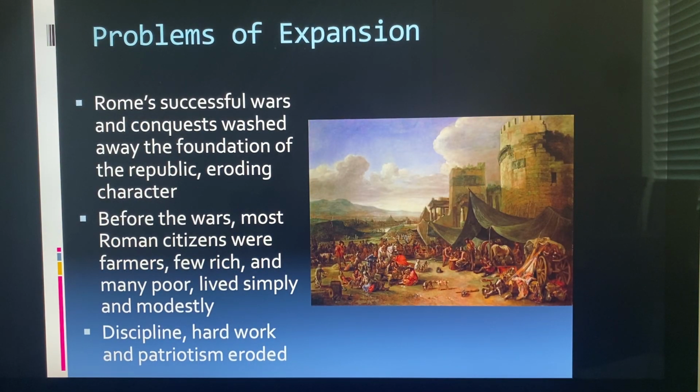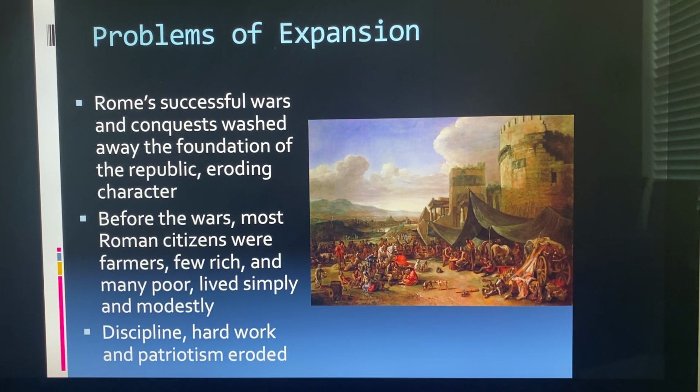The problems of expansion now. Well, Rome was successful in their wars and conquest, but that kind of washed away the foundation of the Republic. It eroded their character. Because as more citizens came in, they had to take care of more people, and they were bringing in the food and riches from other countries.